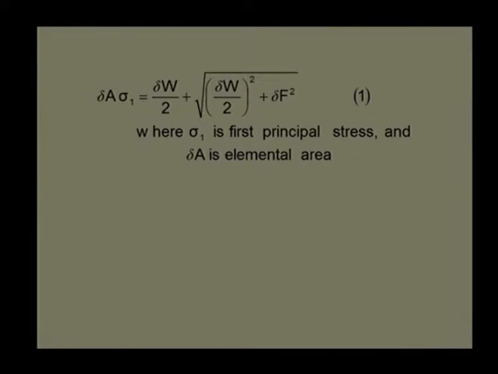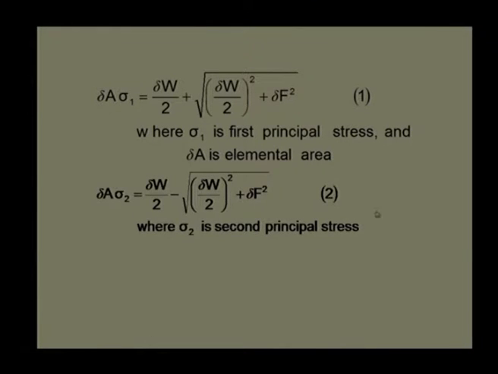Now, if I use the expression sigma 1 with a plus sign and sigma 2 with a minus sign, I will be getting a relation something like this, and we know very well if we subtract expression 2 from expression 1, I will be getting the difference in principal stress, and that should be the minimum yield strength of the material which is supporting that kind of load, or supporting the W load.